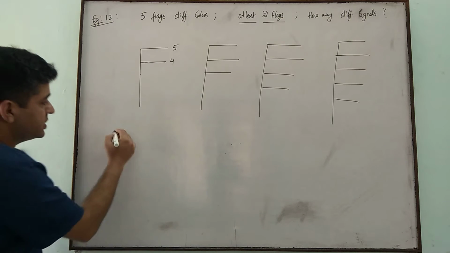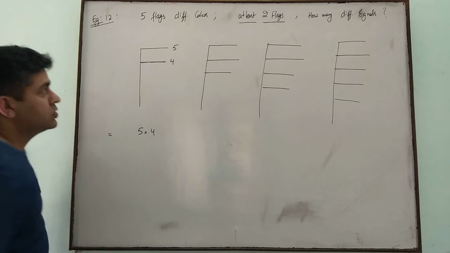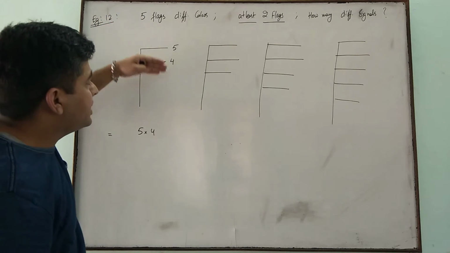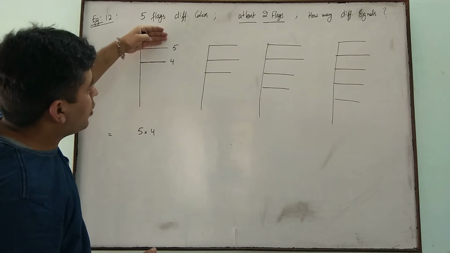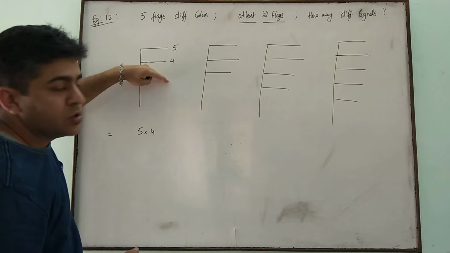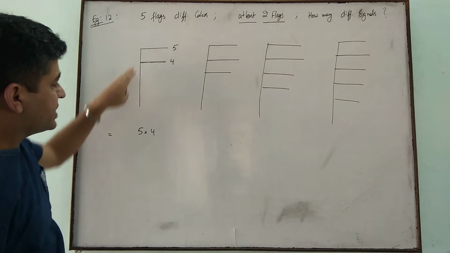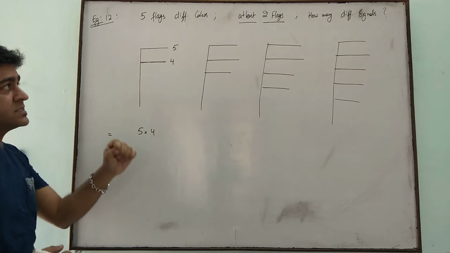So how many signals using 2 flags? 5 into 4, 20 signals we can generate. For example, red green, red blue, red orange, orange red, orange blue, orange green, whatsoever. So out of 5 flags we can generate 20 signals if we are using 2 flags.